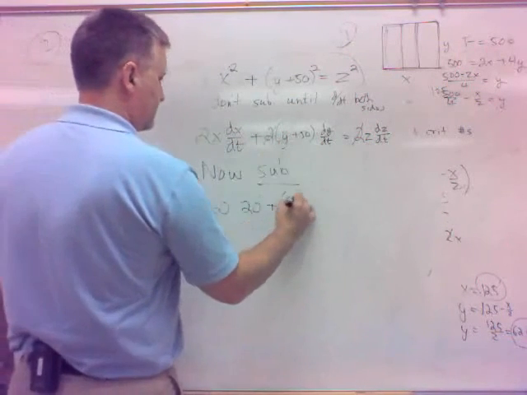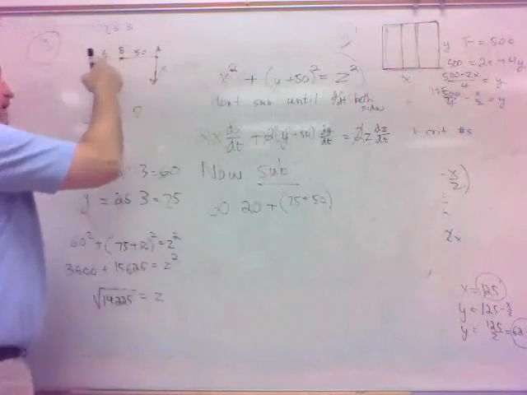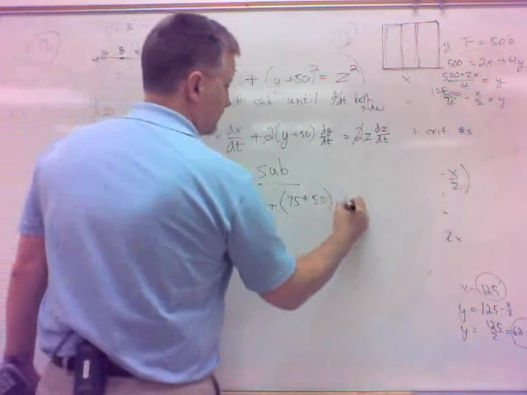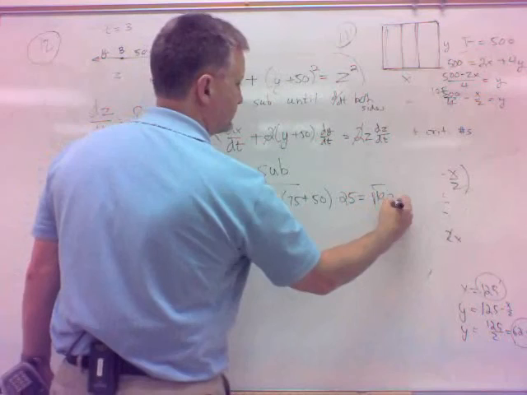Y plus 50, so it'd be 75 plus 50 again. dy/dt is the rate at which y is changing. z is the square root of 19,225.